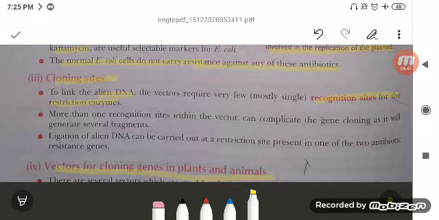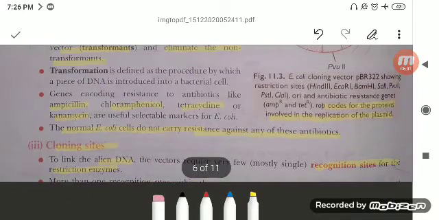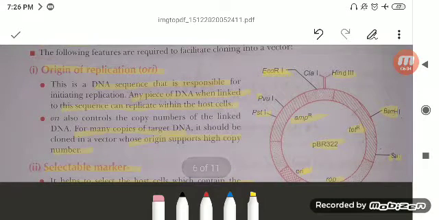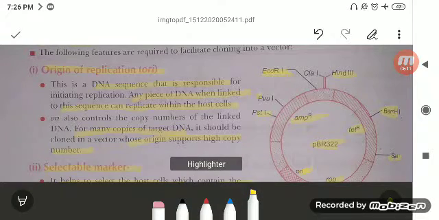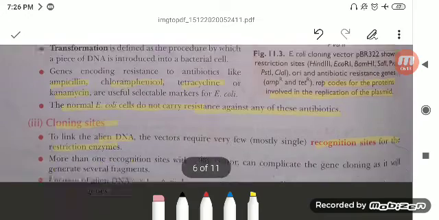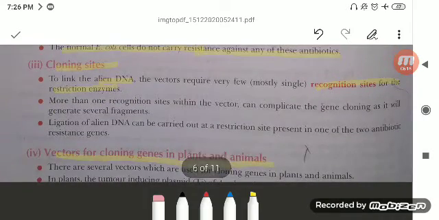Ligation of alien DNA can be carried out at the restriction site present in one of the two antibiotic resistance genes, either ampicillin or tetracycline, using restriction enzymes like BamHI, PvuI or PstI. By using these, we can ligate the foreign DNA at those particular restriction sites, and then it can multiply.